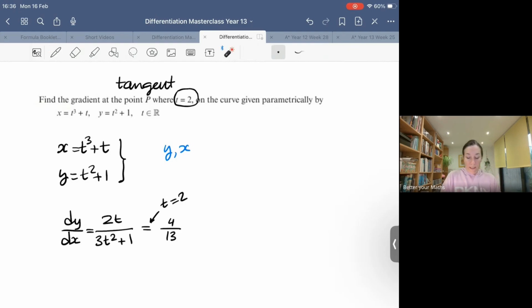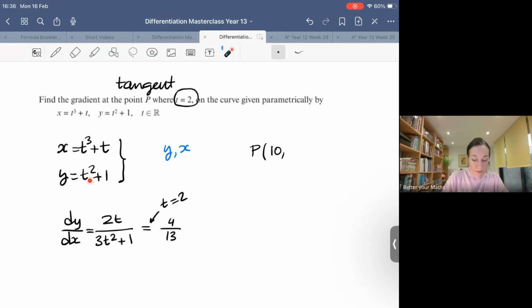What we are going to do is, we know this is the gradient, but we need to find the x and y. So when the parameter is 2, x is going to be, substituting t here, the point will be 2 cubed plus 2, which is 10.